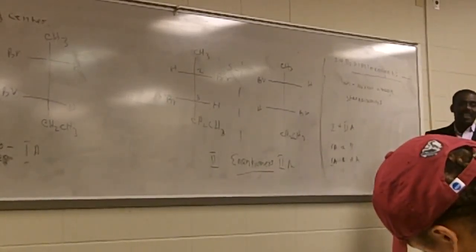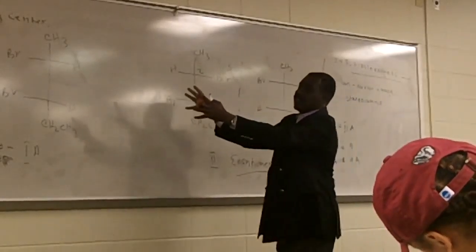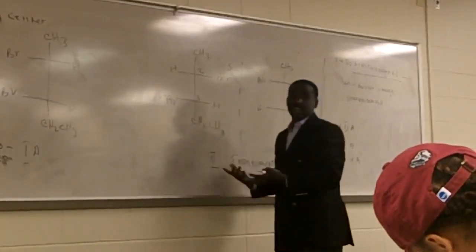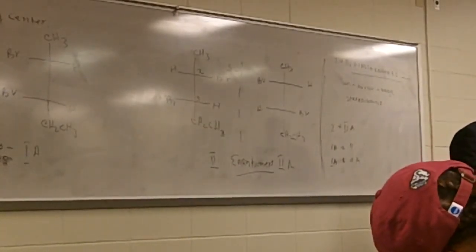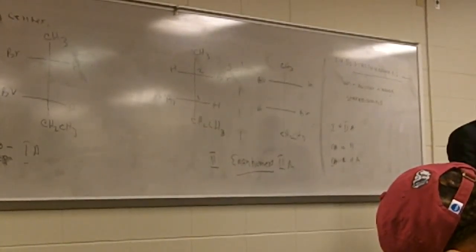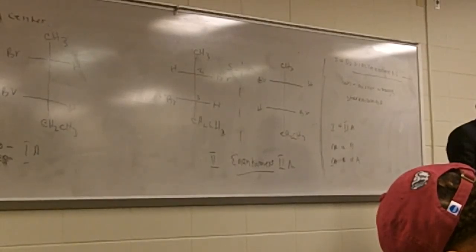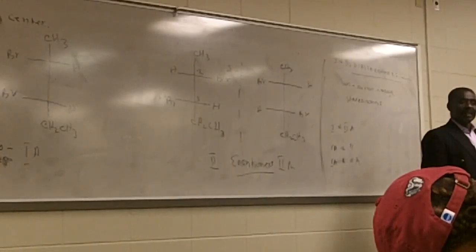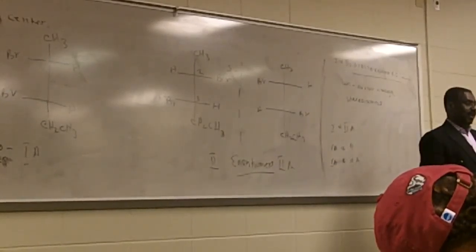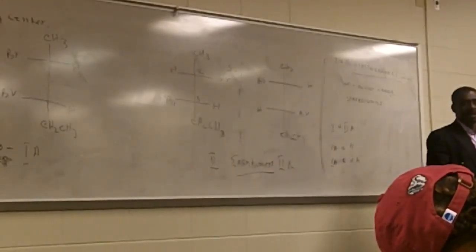Diastereomers. The relationship of this group and that group is diastereomeric because they are not what? Mirror images. So that is what the concept of diastereomers is. And that goes a long way. There are so many diastereomer compounds up there.